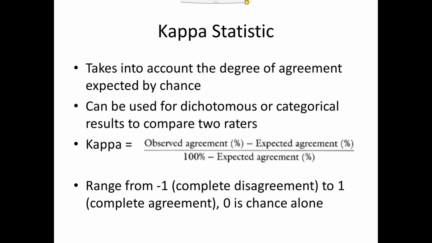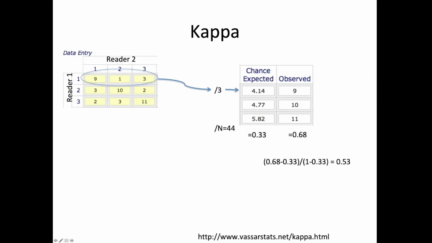And so the range of results you can get for a kappa is -1 when there's complete disagreement, so the raters are always opposite, to 1 for complete agreement. And if the score is 0, it's chance alone.